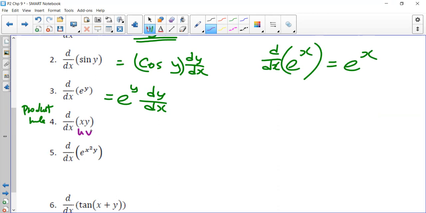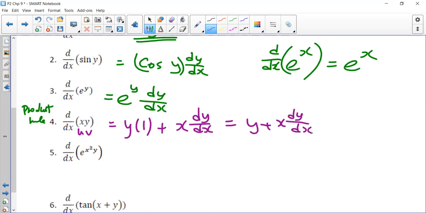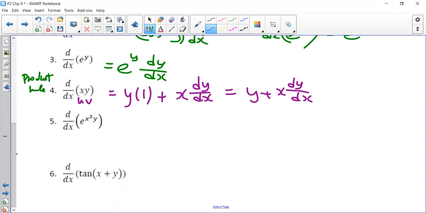So v is y, times du: differentiate x is 1, plus u times dv: x times the derivative of y, dy by dx. And that's equal to y plus x dy over dx. So v du plus u dv, product rule. Next one.